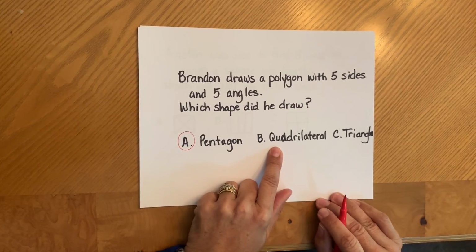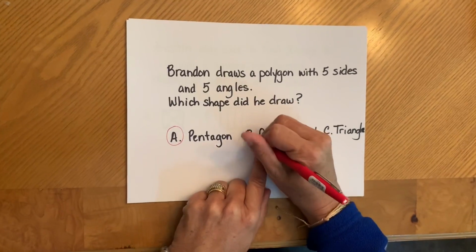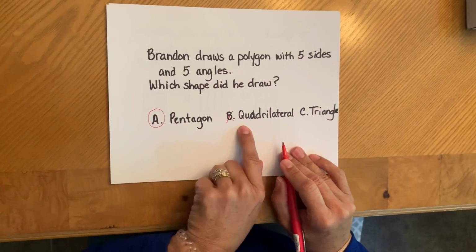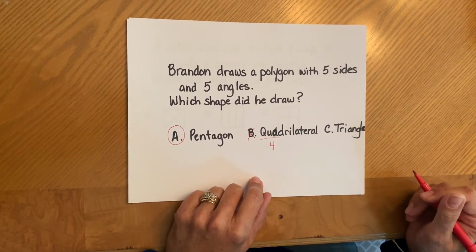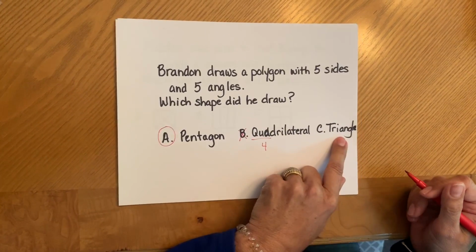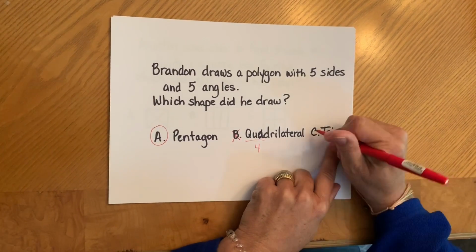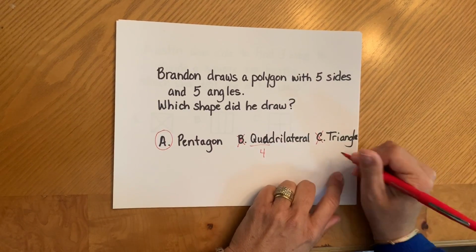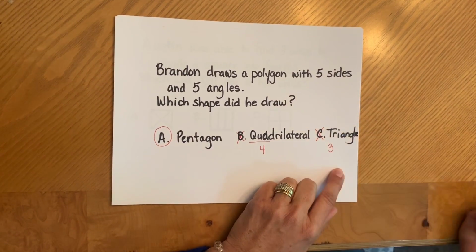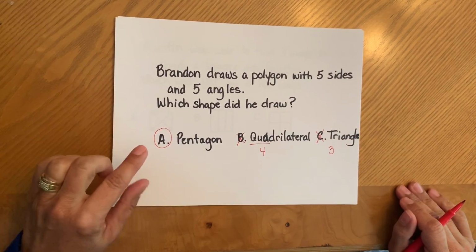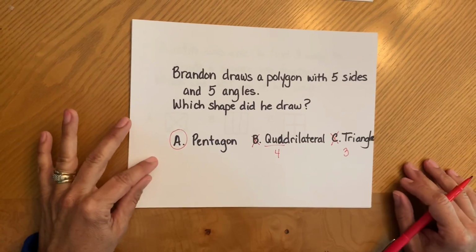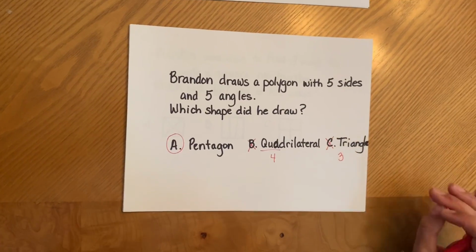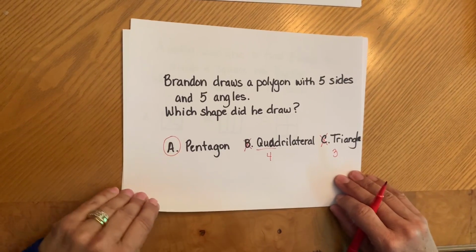If you guessed quadrilateral, that is not correct because a quadrilateral has 4 sides and 4 angles. And if you guessed a triangle, that is incorrect because a triangle has 3 sides and 3 angles. A polygon is any shape that is closed and has lines and angles. Okay, here we go.